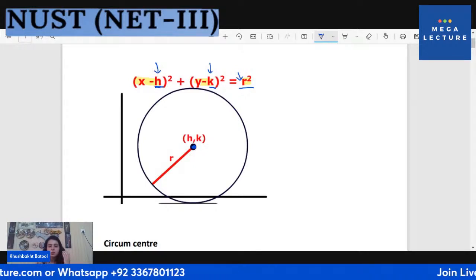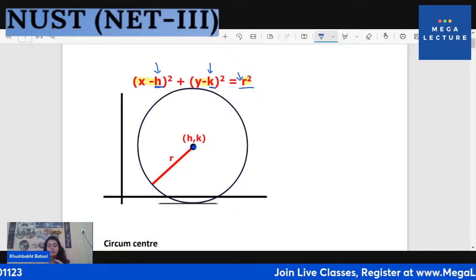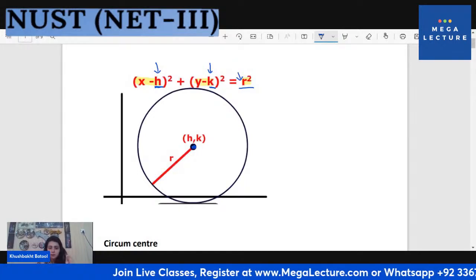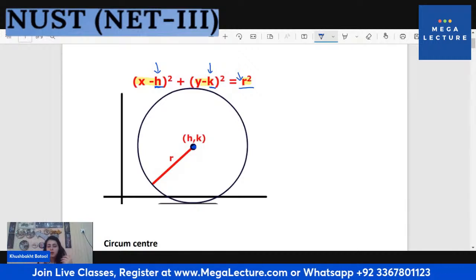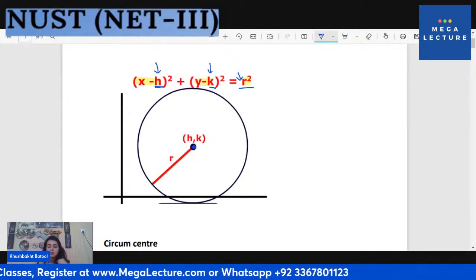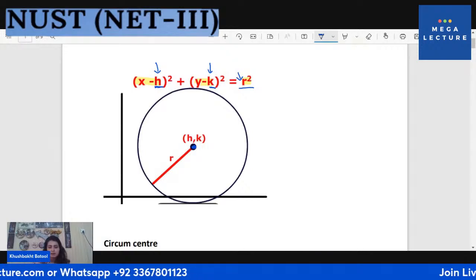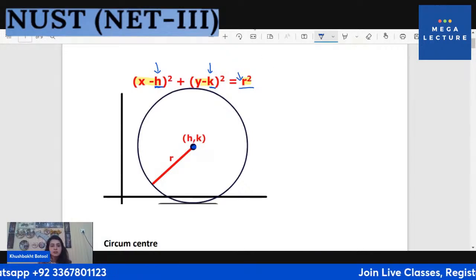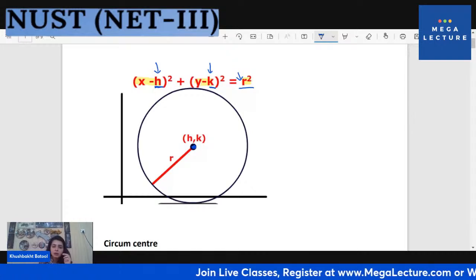The only thing you need to understand is that whatever equation you have can be converted to this form. And whenever you have this form, why is it good? Why is it the general form? Because this gives us the information about the center of your circle and the radius. So this is the first most important thing we need to understand.